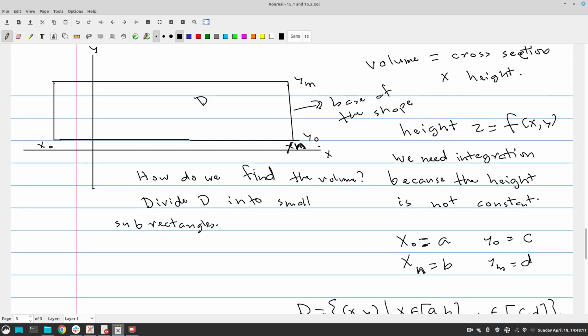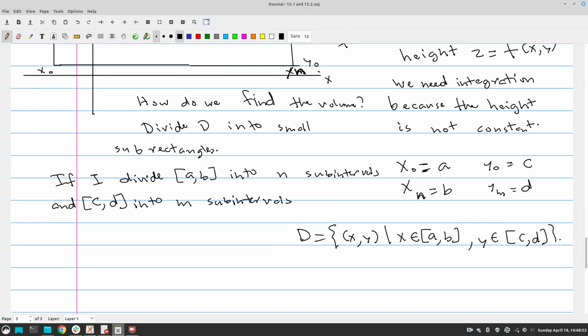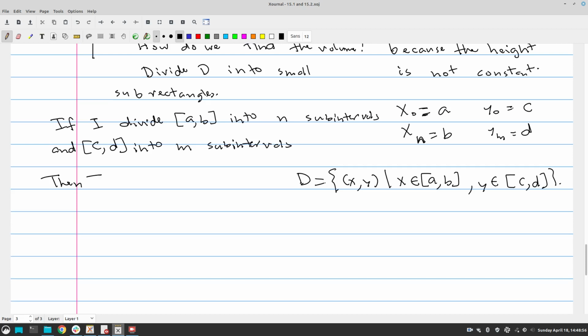If I divide AB into n subintervals and CD into m subintervals, then I must have mn rectangles.